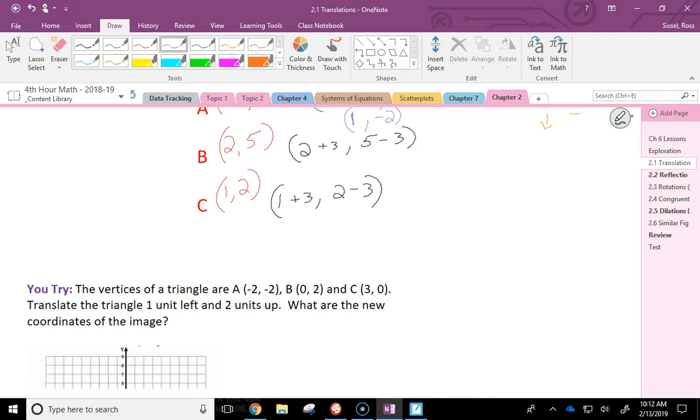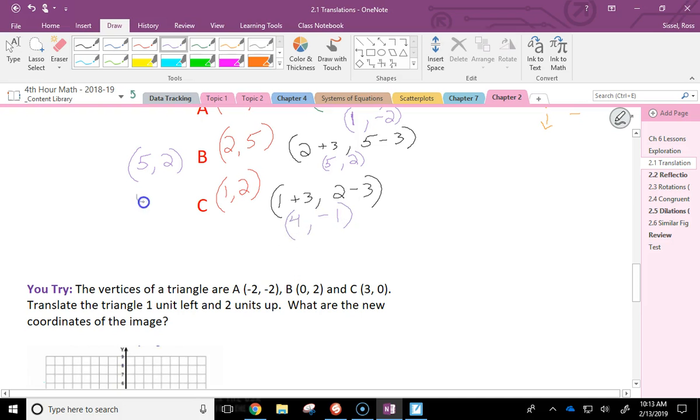2 plus 3 is 5. 5 minus 3 is. So for B, my new coordinate should be 5, 2. For C, 1 plus 3 is 4, 2 minus 3 is negative 1.